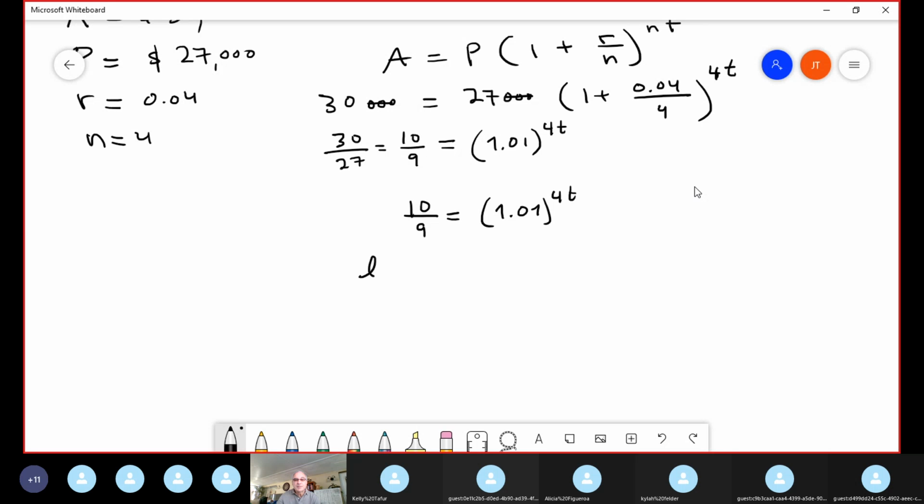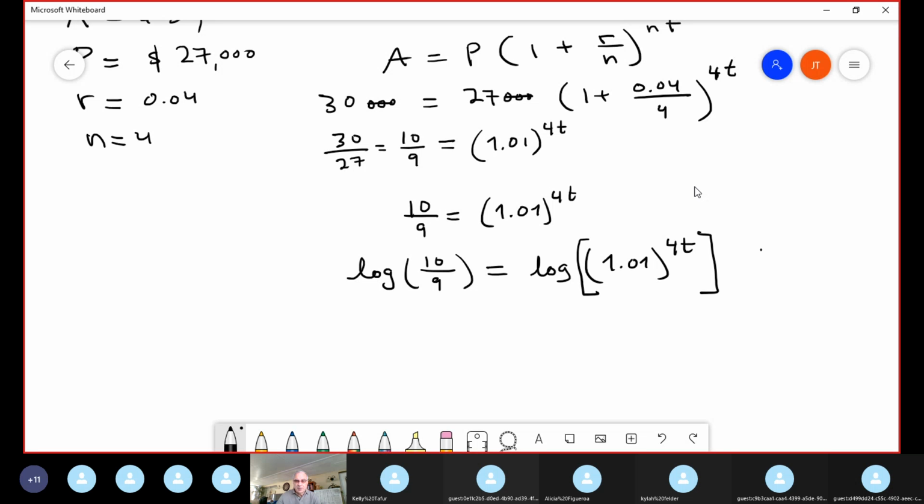Ready to apply logarithm. LN or LOG? Let's apply LOG, why not? For practice. LOG of 1.01 raised to the 4t. This is the argument for the LOG. Remember property number 7, and you apply it, and this exponent goes to the front.